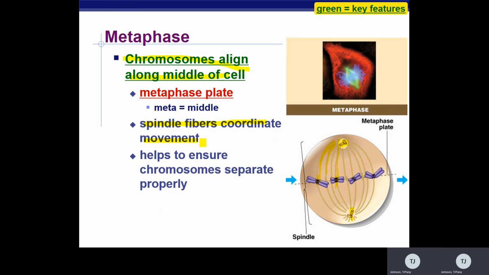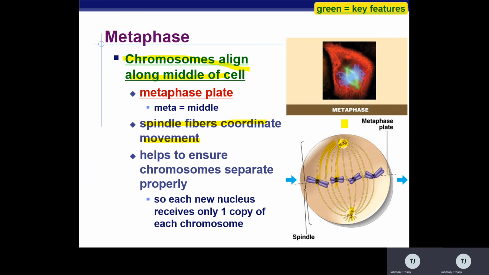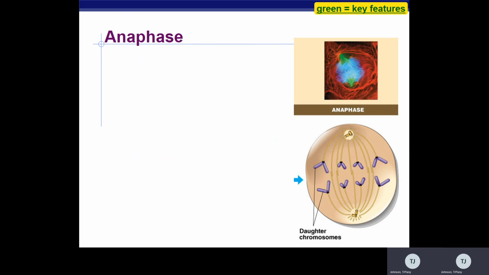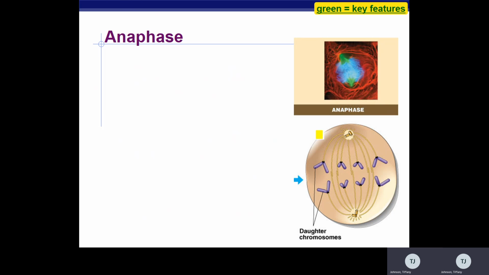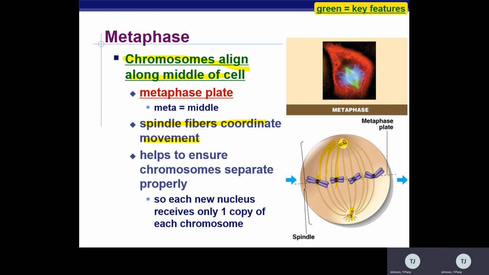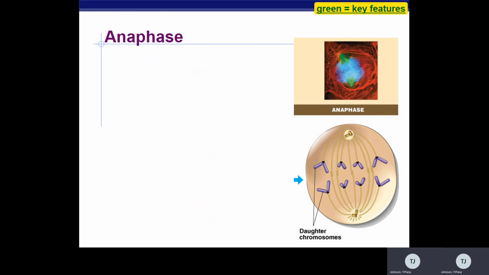Okay, what's next after metaphase? Anaphase. Okay, first draw it. What does it look like has happened? Separated. Very good.